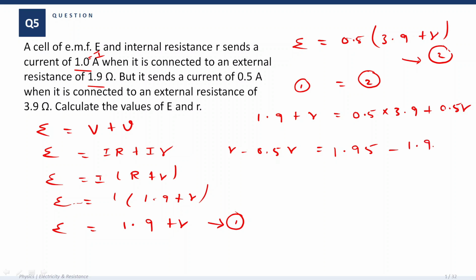So here we will get 0.5 r equal to 0.05. r equal to 0.05 divided by 0.5. Therefore, r equal to 0.1 ohm.